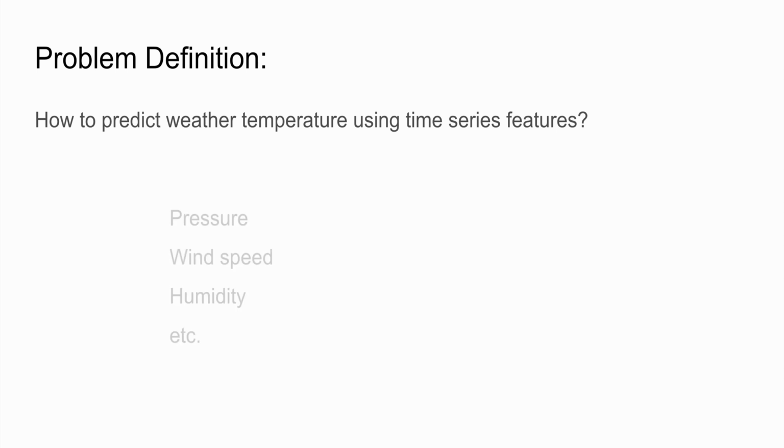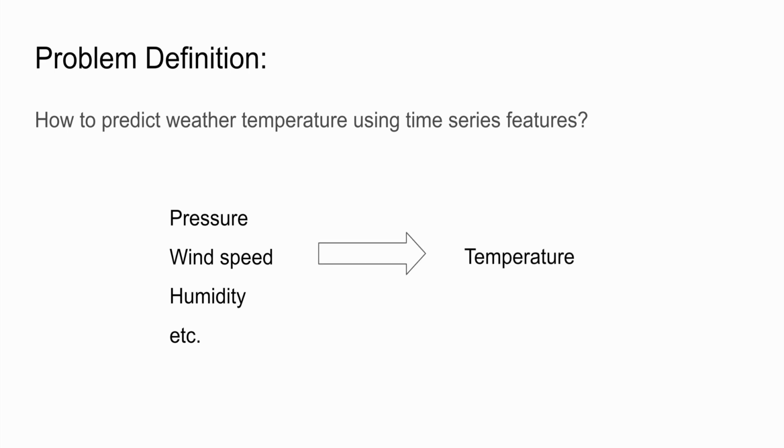These features could be, for example, pressure, wind speed, humidity, and some other features that you're going to see in the example. Based on these, we want to predict what the temperature looks like for the next hour or next 2 hours, or a window of time that we want to consider.